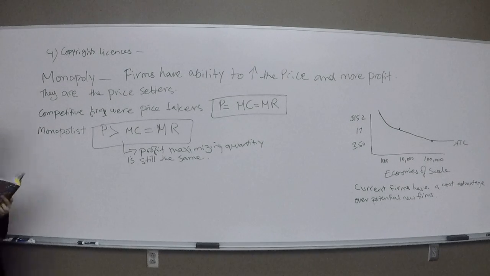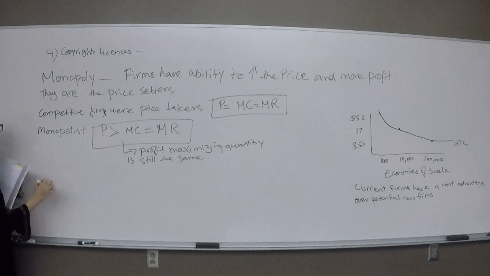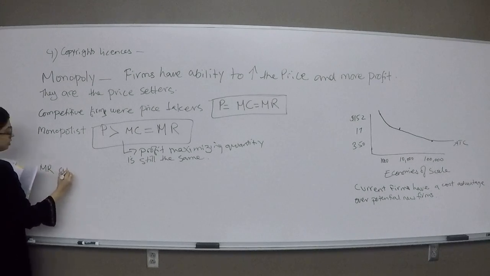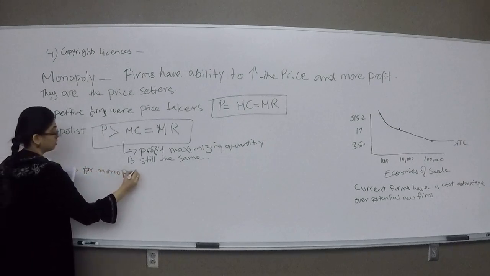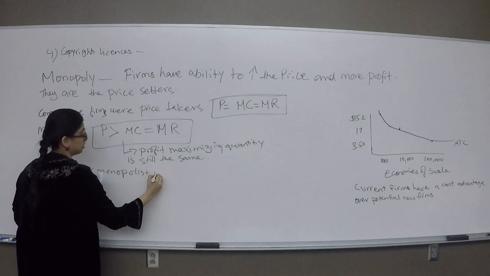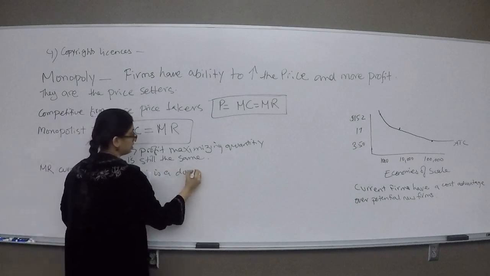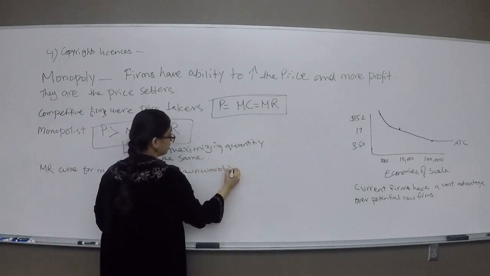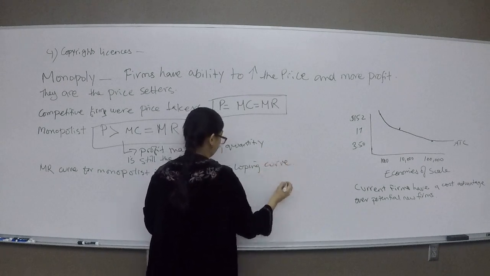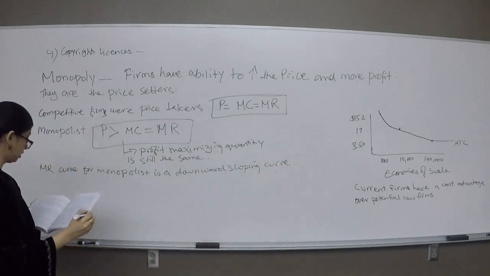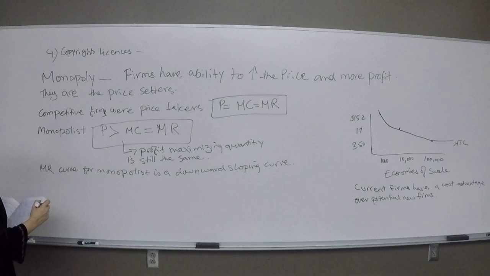But for the monopolist market, the marginal revenue curve becomes a downward sloping curve. Not a flat line like before.